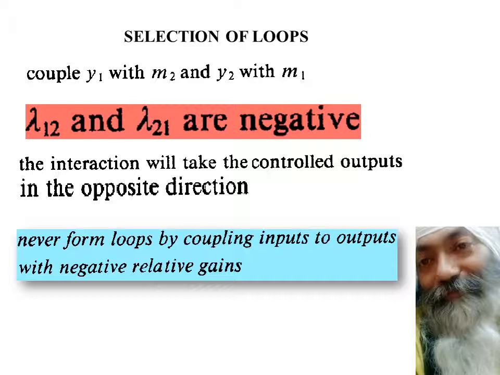So this is the final conclusion of this entire discussion on the interaction of the loops within a MIMO system, that is multiple input and multiple output.